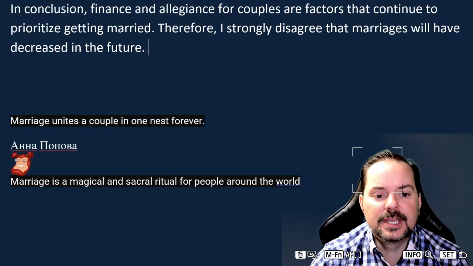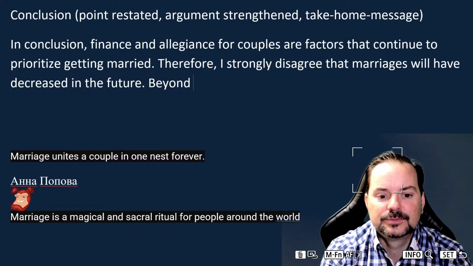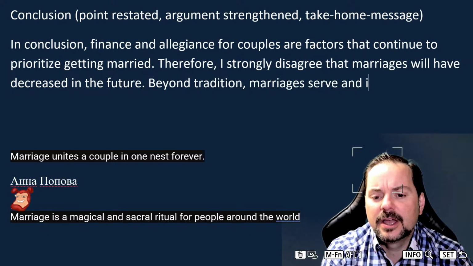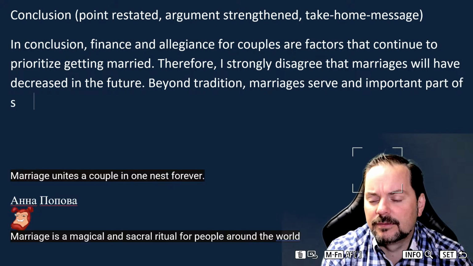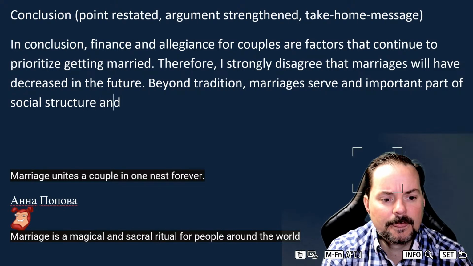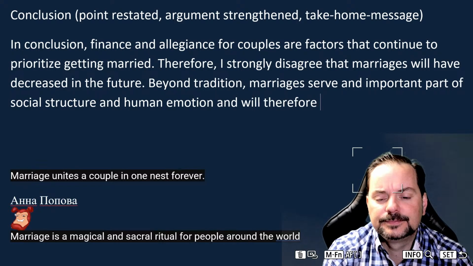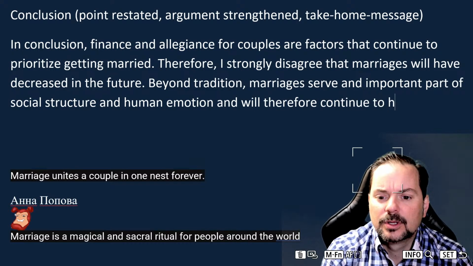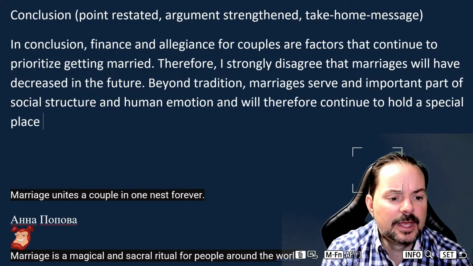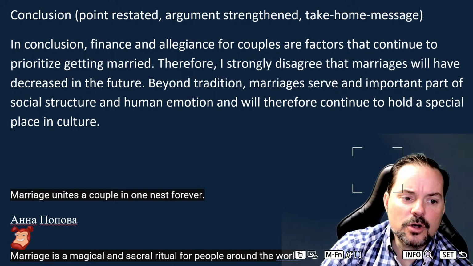So the take-home message here is beyond tradition, marriages serve an important part of social structure and human emotion, and will therefore continue to hold a special place in culture. Okay, so that's my take-home message.